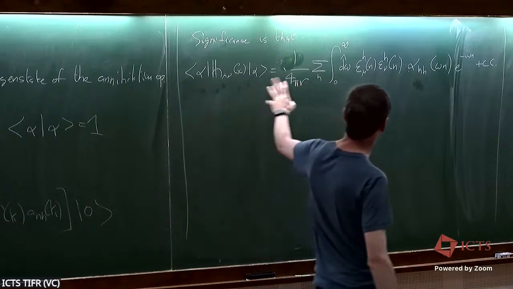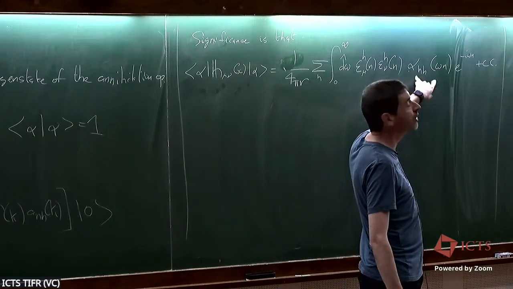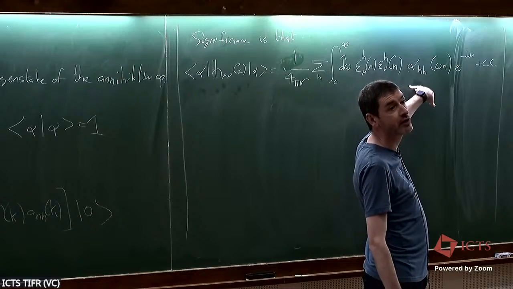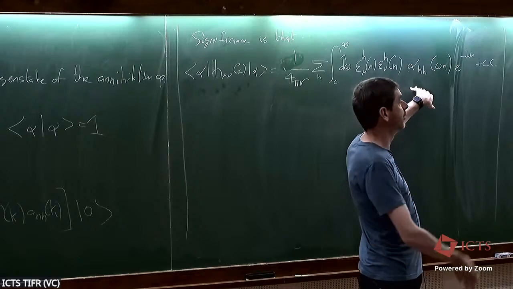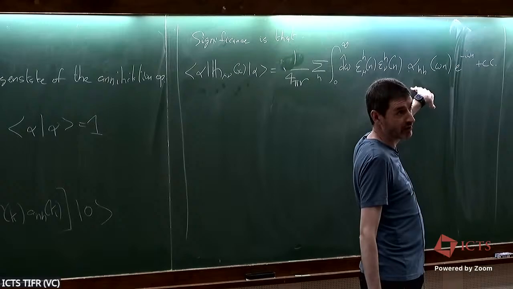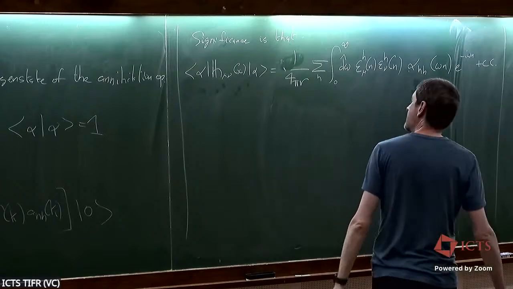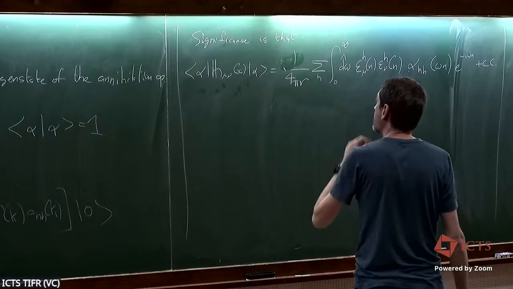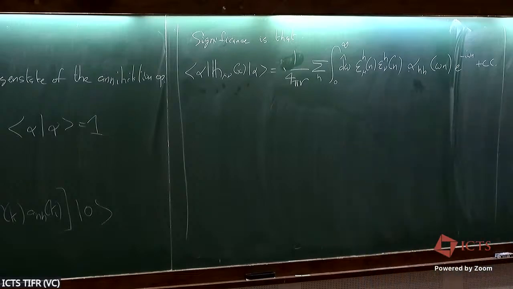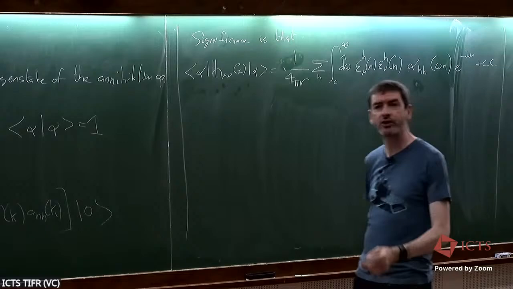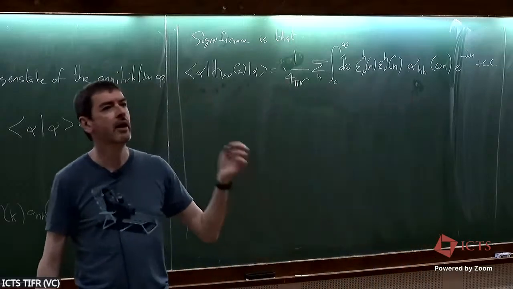And I'm going to choose this graviton dressing, parameterized by this function alpha, to recover the shear of an arbitrary metric perturbation. Now, when I said arbitrary, I'm really interested in metric perturbations in the far past.